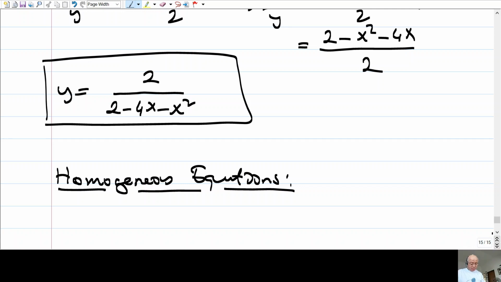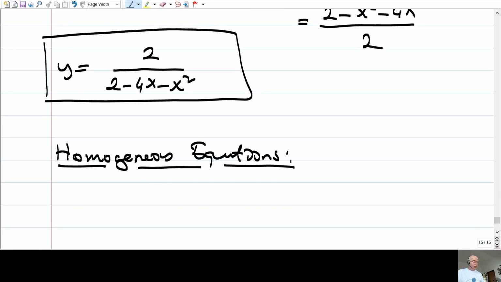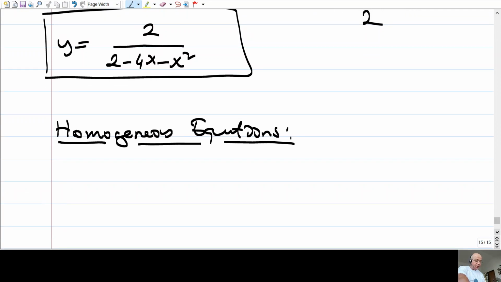So-called homogeneous equations is one of them, first order equations, and we have a nice theory for these. All right, so what we will consider is equations of this type. y prime is equal to, let's say, (ay + b) over (cy + d).